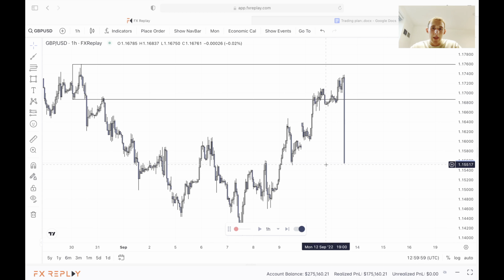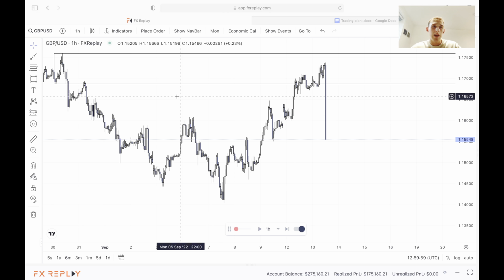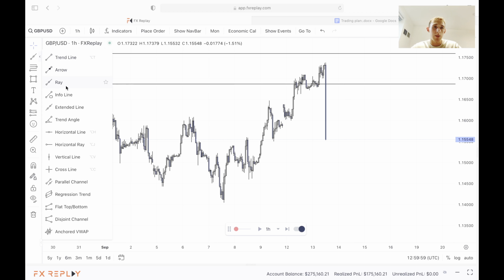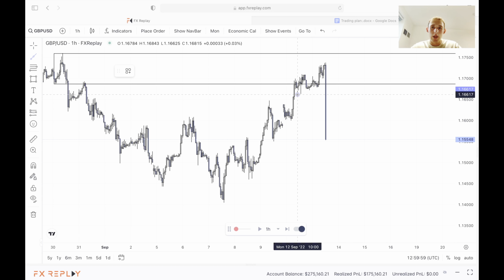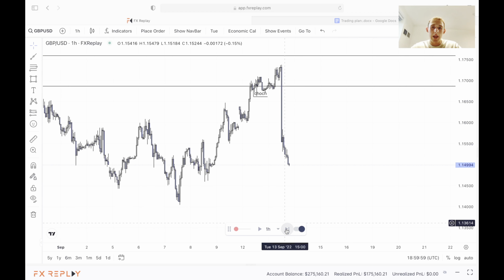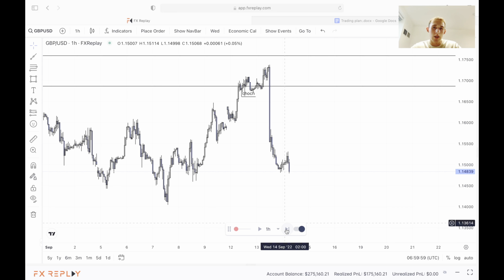This kind of changes the narrative that I had. So given this much momentum from that area of supply, I'd now probably look for sell continuations. You can see we've had that change of character in this internal trend. So we can wait and see what price does.